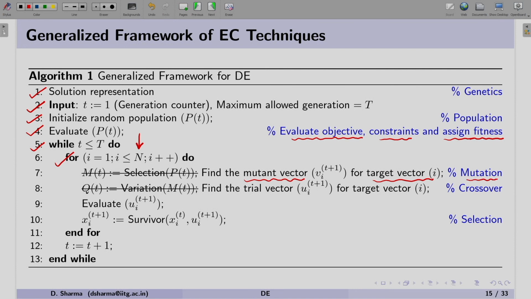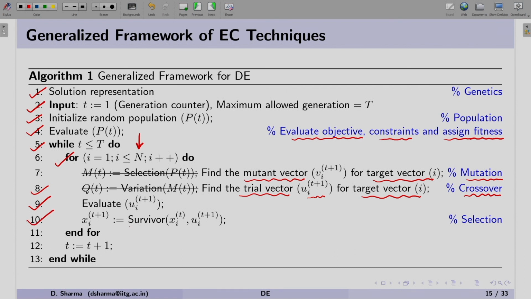The operation is referred to as mutation. Then in step number 8, we will be finding a trial vector U i t plus 1 for target vector i. This operation is referred to as the crossover operator.